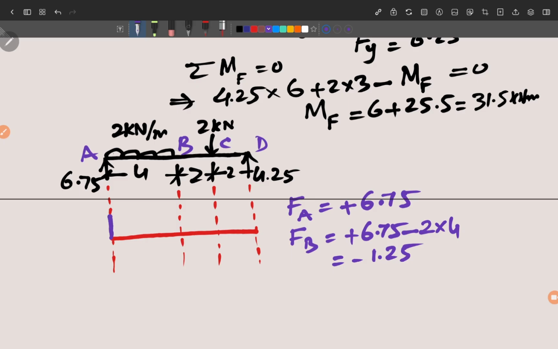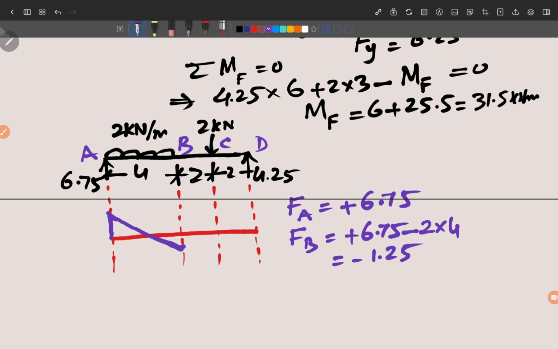So shear force at B is minus 1.25, at A it is positive, and you know that the uniformly distributed load will give you a shear force diagram that is a sloping line. It will not be constant. When there is a point load, there will be a constant line, parallel to the x-axis, but in the case of UDL, it will be an inclined line. So here we just join these 2 points, 1.25 here and 6.75, by this straight line.